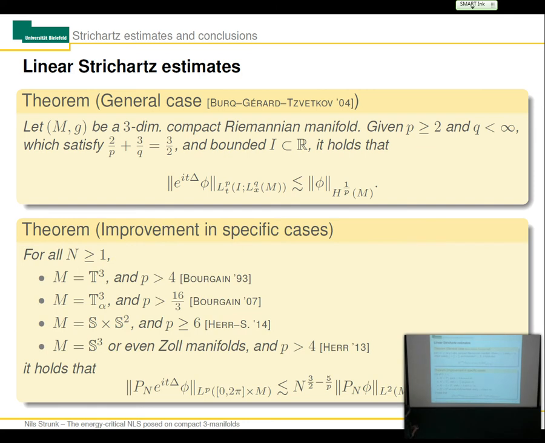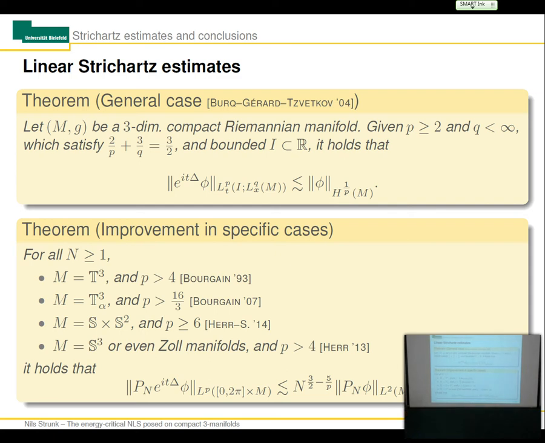So, first of all, if N is a dyadic number which is greater or equal to 1, and if we are on the torus, the irrational torus, S1 cross S2 or S3, then we can prove this kind of Strichartz estimate where P_N is the projector on frequencies of size N, and then we get a factor which is scale invariant, N to the power of 3 half minus 5 over p.